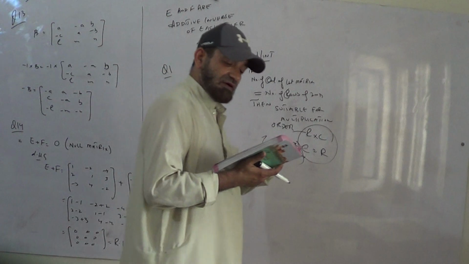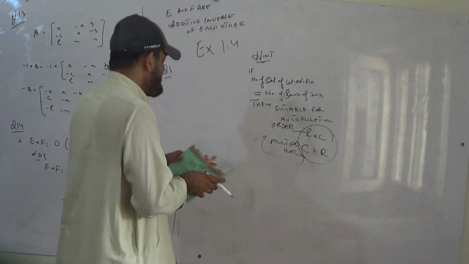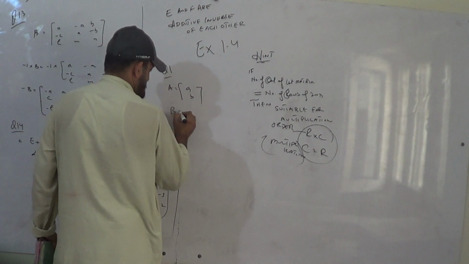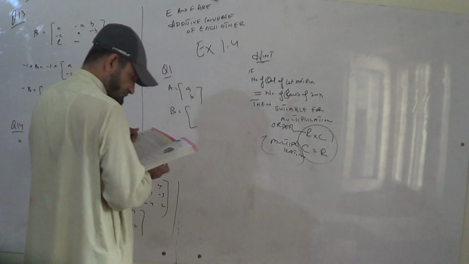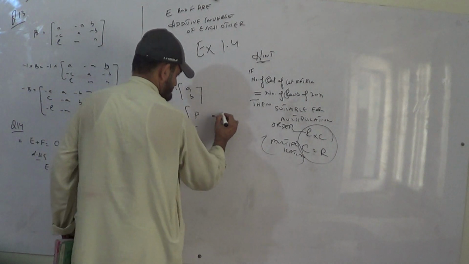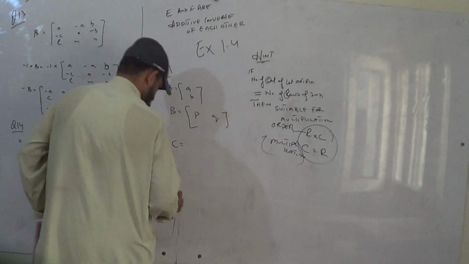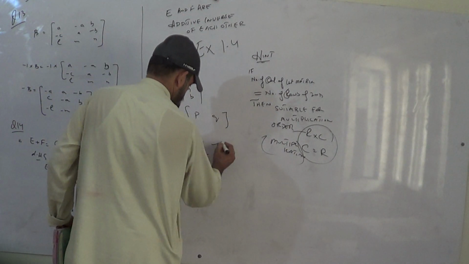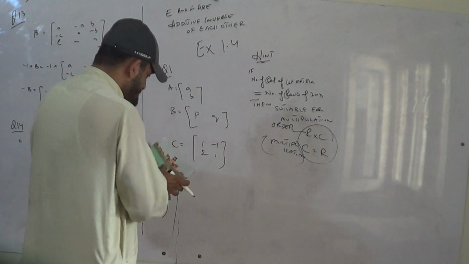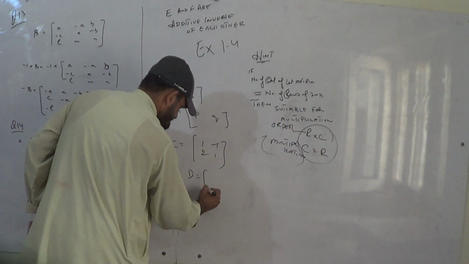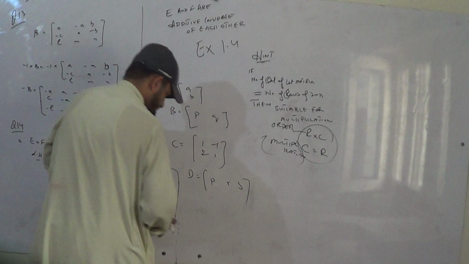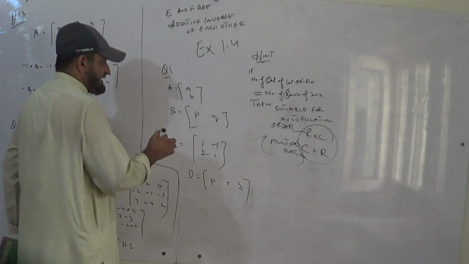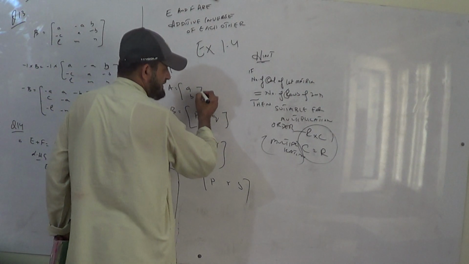Now exercise 1.4, question number 1. Show which of the following are suitable for multiplication: matrix A, matrix B, matrix C, matrix D. Now we see how many rows and how many columns.